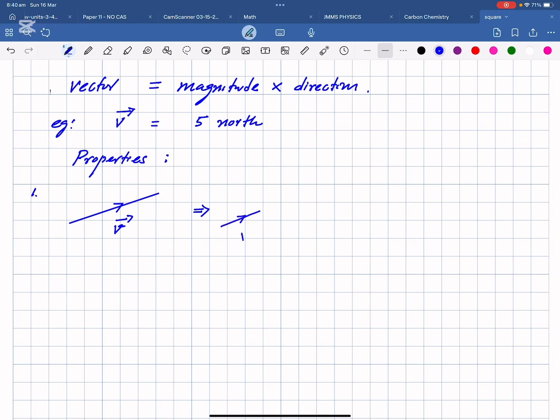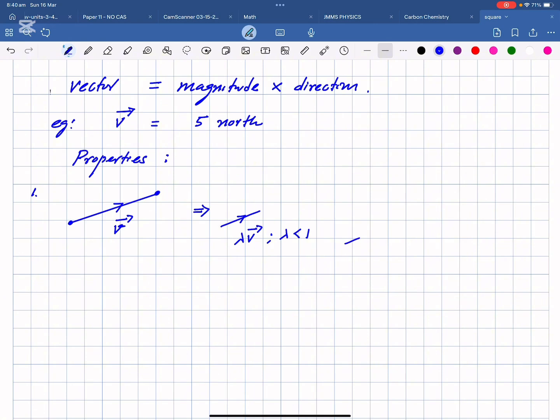And I'm going to say this is lambda V. Now what has happened? V is a vector. The size of that is this much. Direction is that way. Now I multiplied that by a lambda. So indeed you can understand lambda is less than 1. Lambda is less than 1, that's why it is smaller.